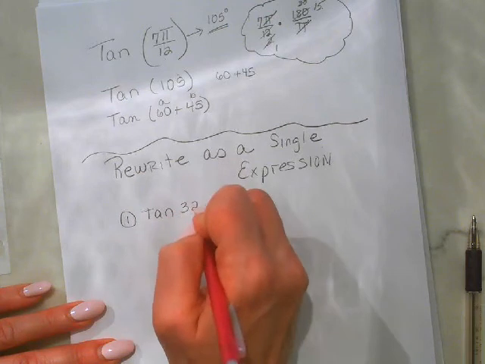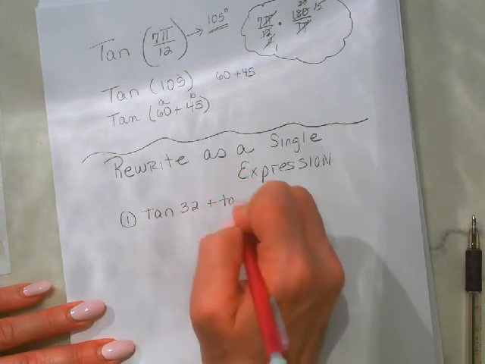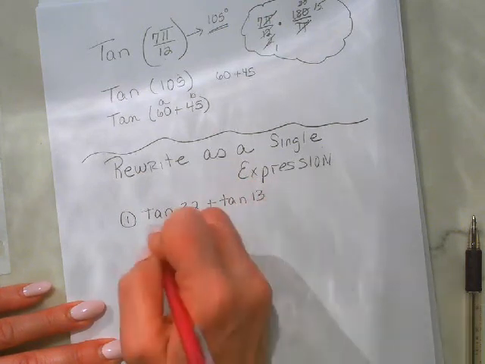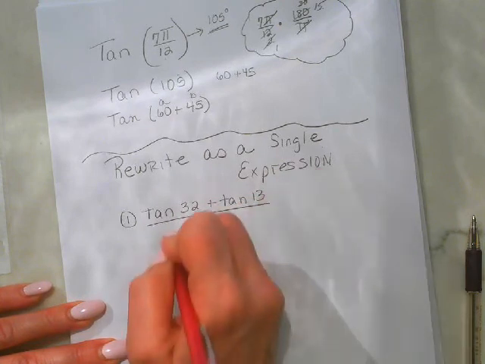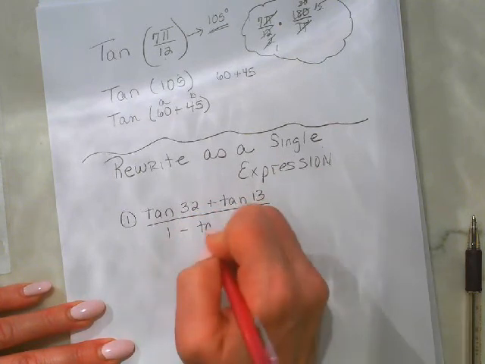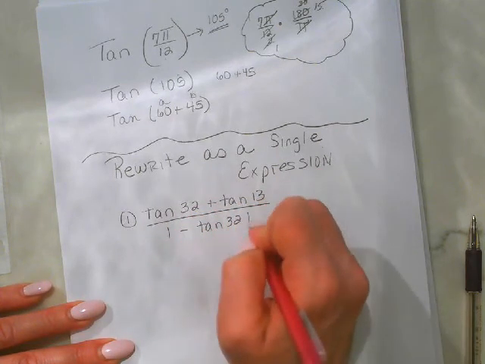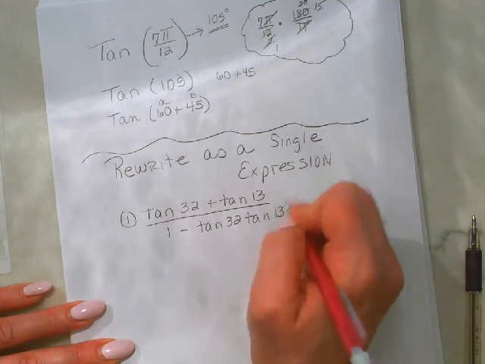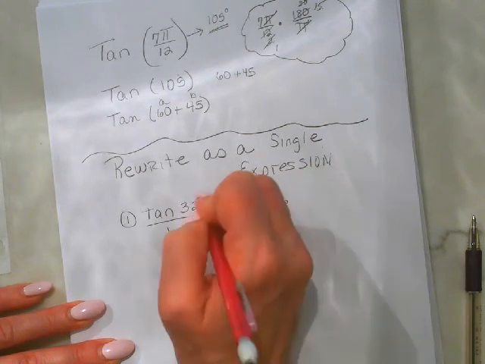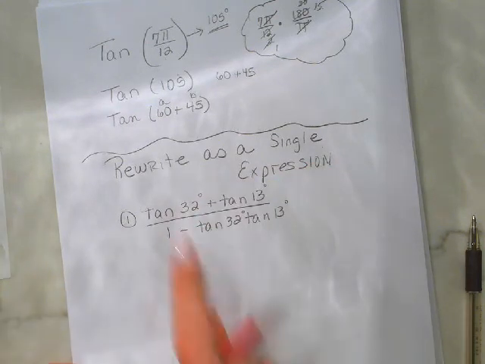Okay, and it will give you tangent of 32 plus tangent of 13 over 1 minus tangent 32 tangent 13.